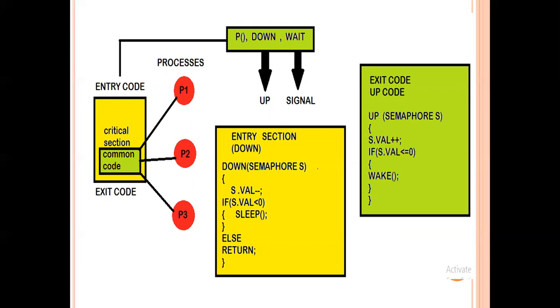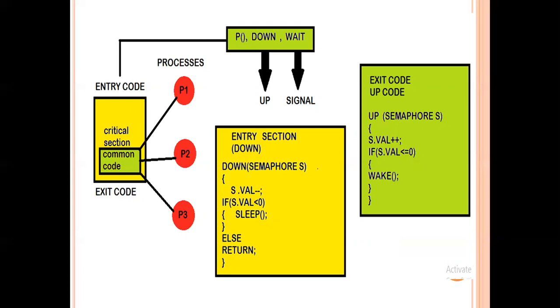Whenever the process needs to access the common code, it has to do so by running a program, that is entry code. What entry code does is that it takes in the semaphore value, whatever the present semaphore value is, and it decrements the semaphore value. Now if the semaphore value is non-zero, that is positive, the process can access the code, no difficulty.